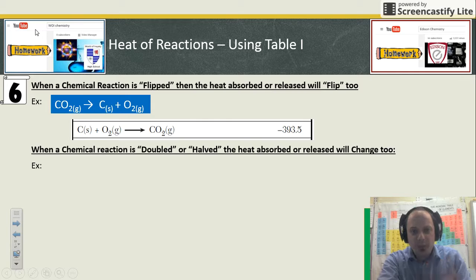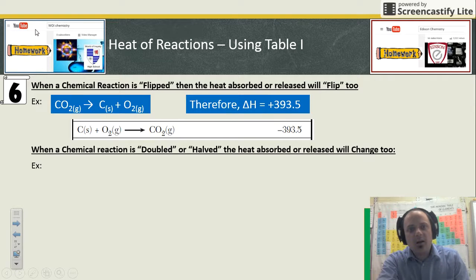But if you were to flip it, it would be a positive system. So this reaction on the table, carbon solid and oxygen gas makes CO2 gas. Pardon me, I misspoke there. The example I gave you has been flipped. So the delta H sign needs to be flipped too. Remember that. If your reaction is reversed, the sign on your delta H is reversed as well.